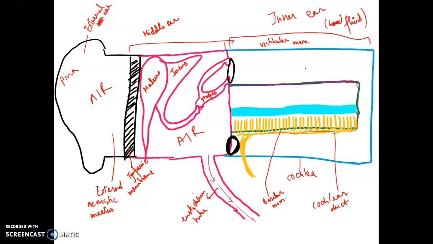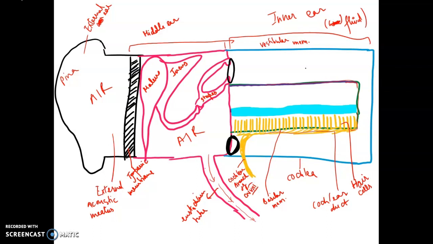Now, on top of the basilar membrane, the yellow cells, those are hair cells. And we also see that the axons of the hair cells come together to form the cochlear branch of cranial nerve 8.